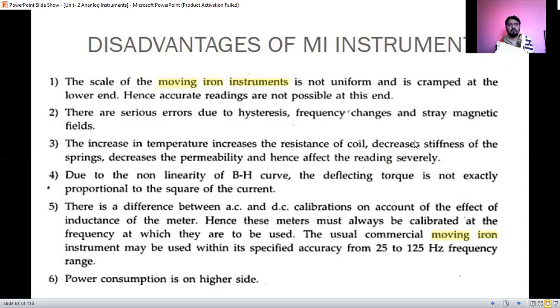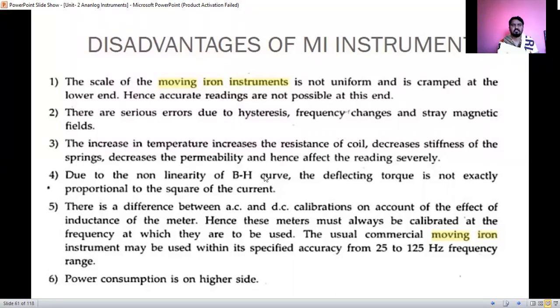In continuous operation, the temperature increases. For metal materials, increased temperature increases the resistance of the instrument and decreases the stiffness of the control spring, so some errors may occur. Due to the non-linear BH curve, the square of current is proportional here, not exactly proportional.